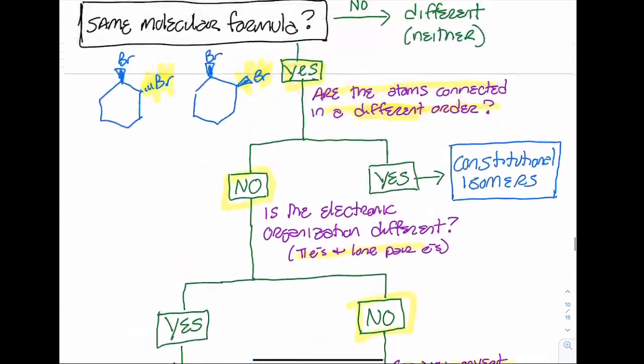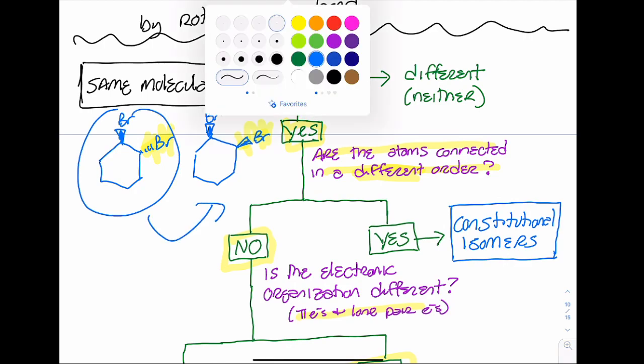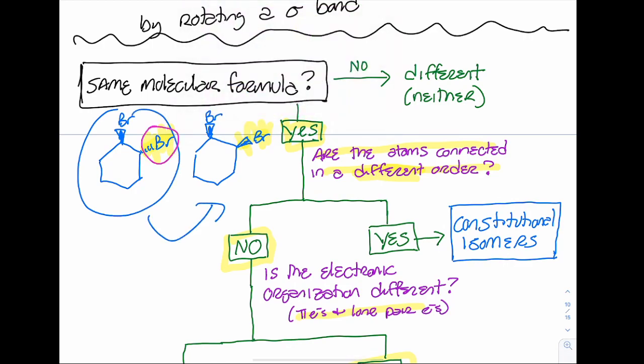The only way I can convert this first one into the second one is actually breaking this bond, moving it from the back to the front and reattaching it to the same atom. Same atom again is important. If I attach it to a different atom, now I have constitutional isomers, not stereoisomers.